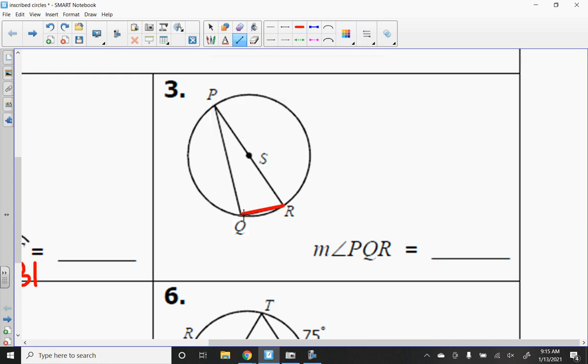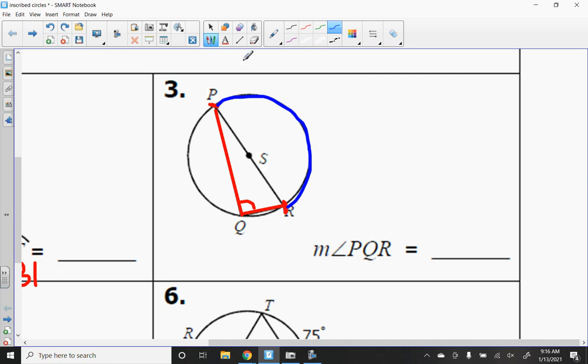So we want this angle right here. That would be this guy. That's what we want. So let's look at its endpoints. Its endpoints are P and R. Okay, there's an arc that goes with that. Here's the arc that has those same endpoints.